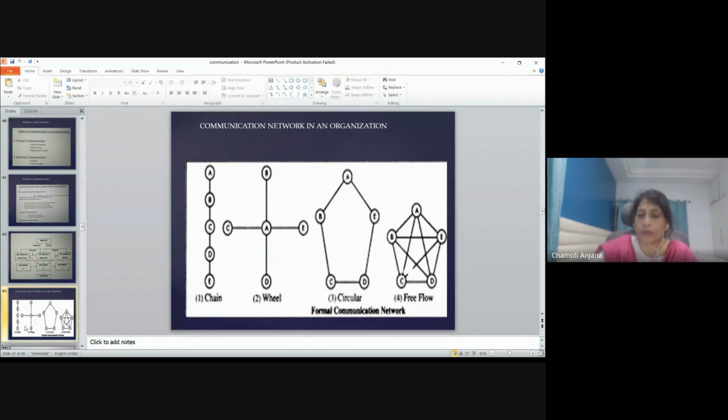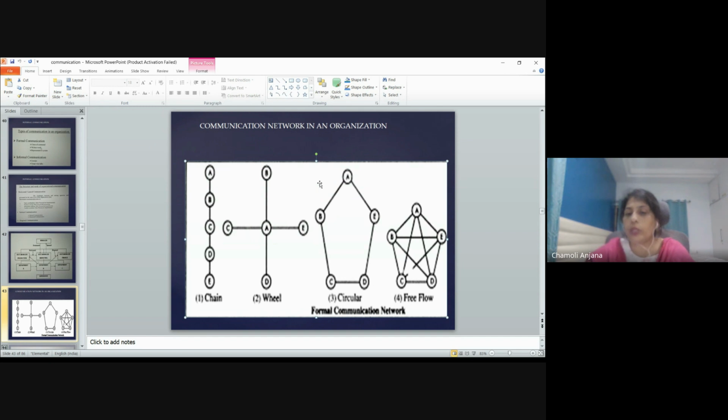Next is the circular network. The circular network is a network where the employees sitting over here can speak to the other employees who are sitting next to them. That means if you take this employee A, he can speak to this person B who is sitting next to him, and E who is sitting next to him. So a person can speak to the person who is sitting left to him and right to him.